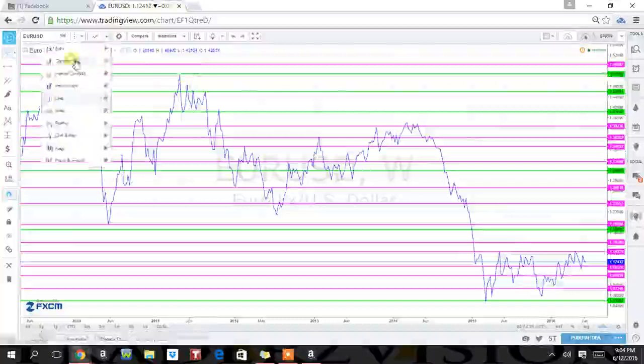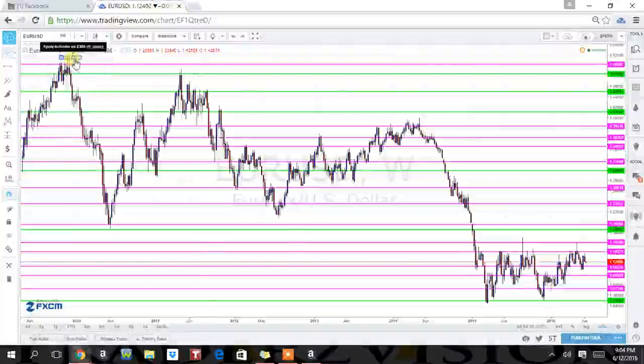Let me switch to a candlestick chart real quick. So if I was on a lower time frame, since this is the weekly time frame, like let's say a 4-hour chart, I'd be able to see a reversal pattern up here, somewhere around this resistance area.